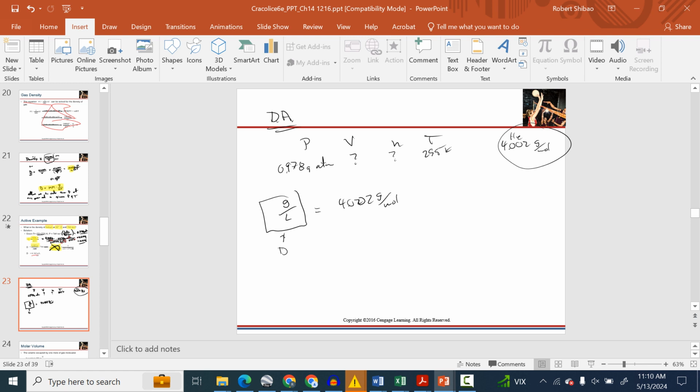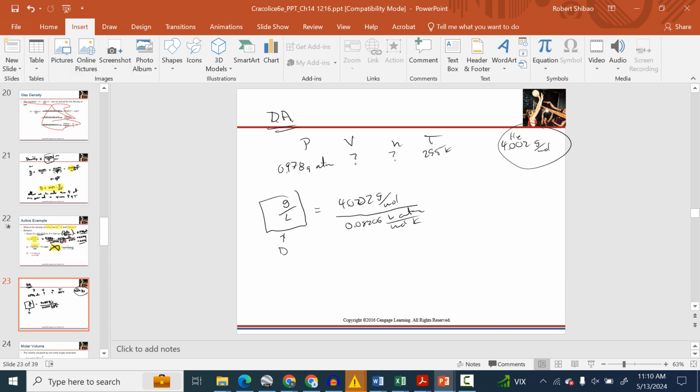And I need liters on the bottom. Do I have liters? No. However, if I use R, I'll have liters. Because remember, R is 0.08206 liters times atmosphere per mole Kelvin.